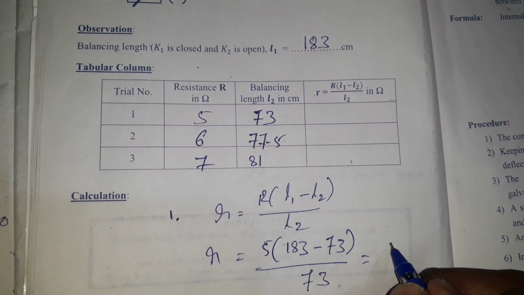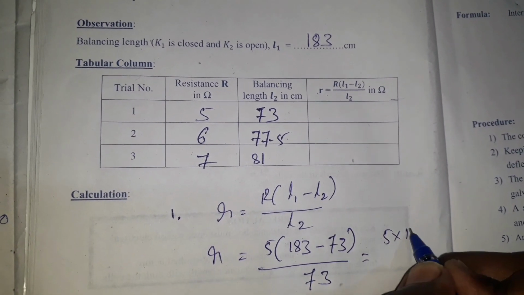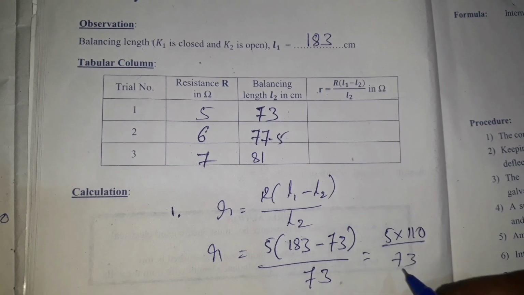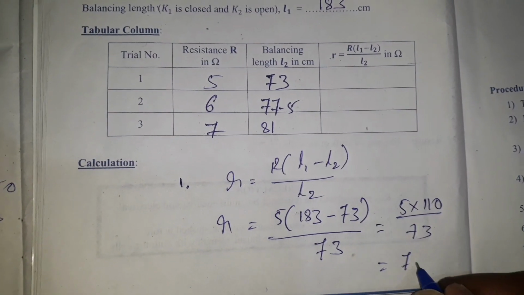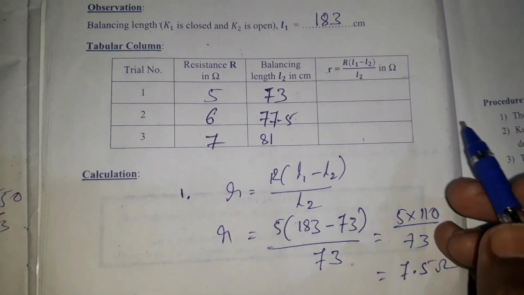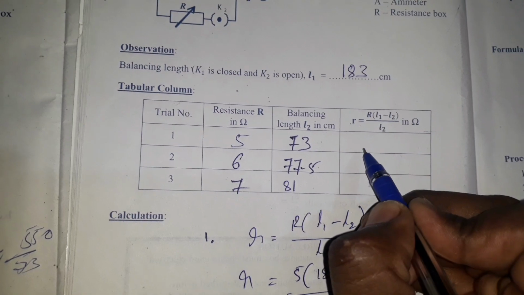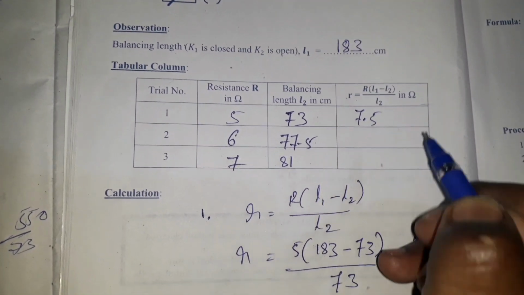How much do we get? 5 into (183 minus 73), that is 110, divided by 73, we get 7.5 ohm. Okay, so for the first trial, the value of internal resistance of the cell is 7.5.